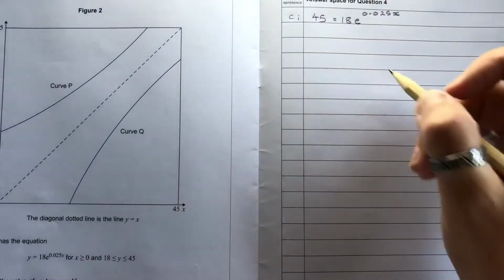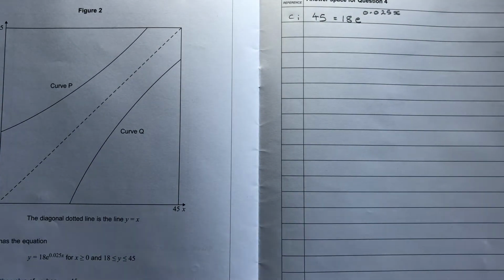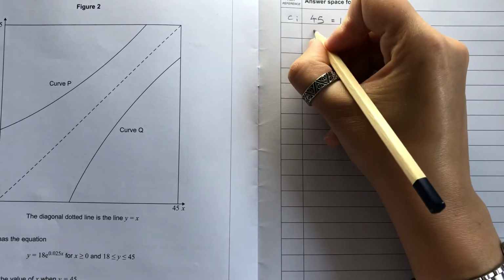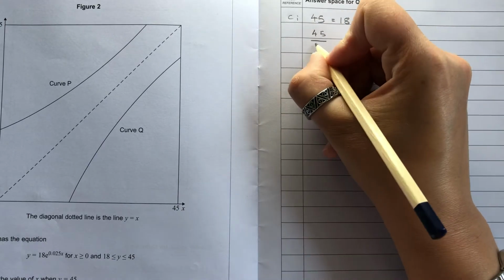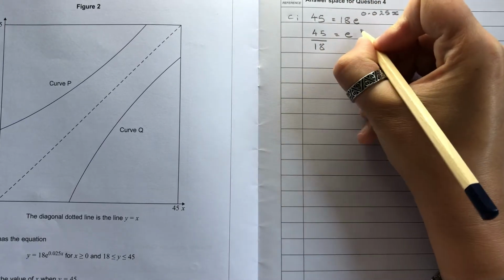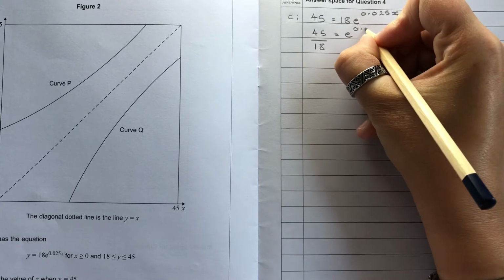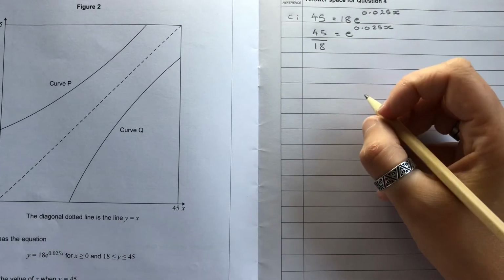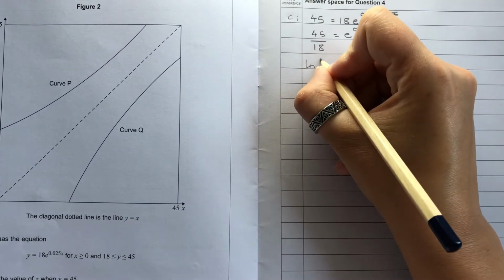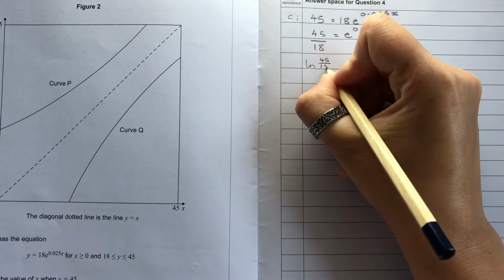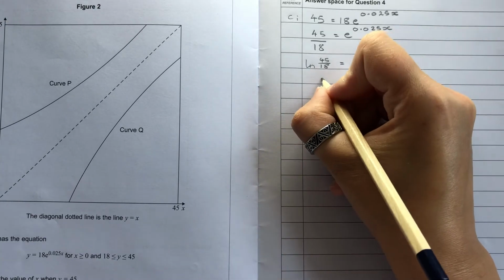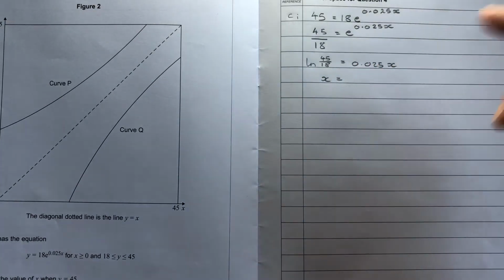It's told us to calculate it, so it may well want us to show what we're doing. So 45 divided by 18 will equal e to the 0.025x. Then if we ln both sides, we've got ln 45 over 18 is 0.025x. So x is going to equal ln 45 over 18, divided by 0.025.